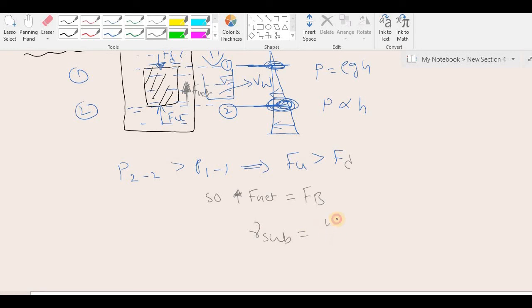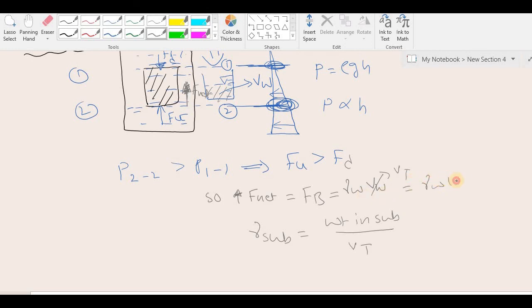Gamma sub equals weight in submerged case by total volume. Buoyant force Fb equals displaced water into its density. Let's say the unit weight is gamma W and the displaced volume is VW, which is equal to volume of soil mass.